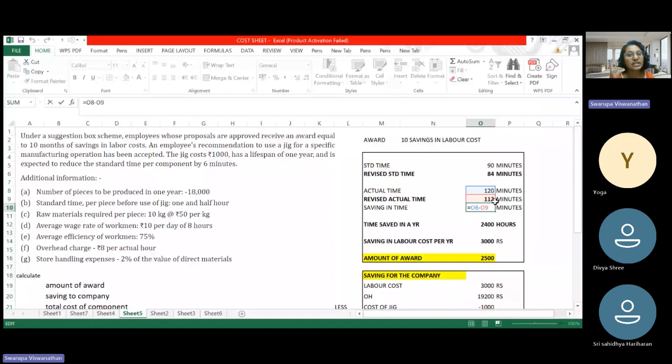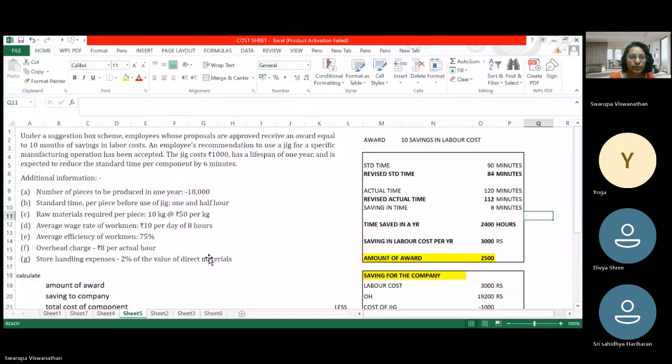So the question tells you only the savings in standard time. We need to calculate the actual time saved, which is the difference between the actual time taken before using the jig and after using the jig. So whenever in your question the efficiency component is given, that means you are required to calculate the actual time also.